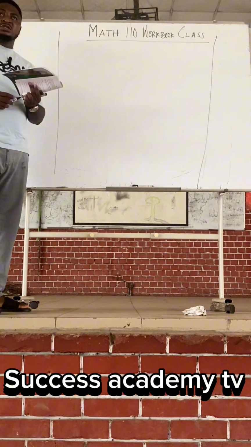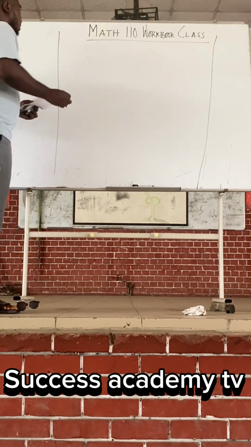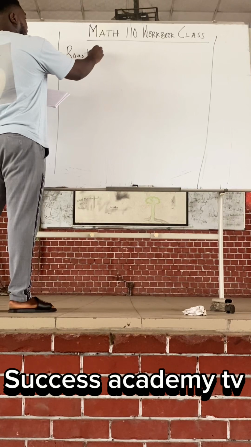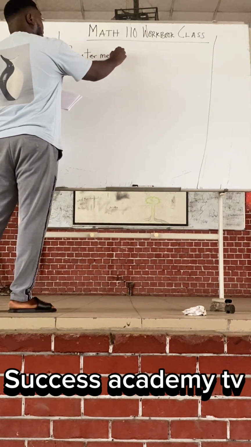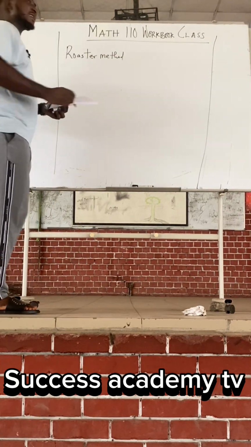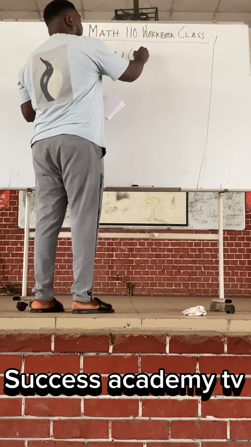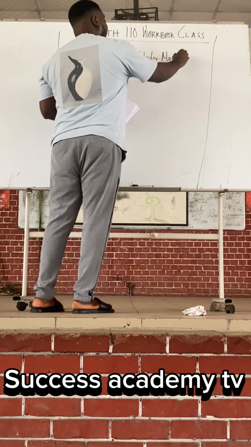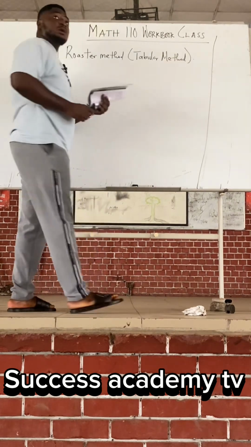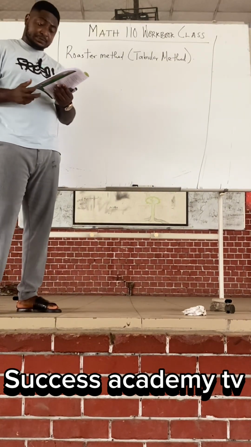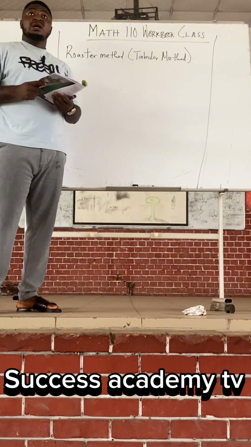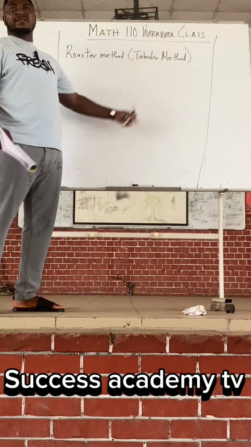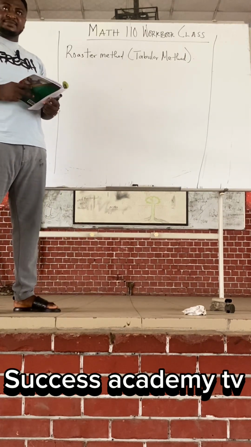Class, there are different methods of classifying sets. We have the roster method, also known as the tabular method. The roster or tabular method classifies sets in such a way that the members of the set are written out outrightly.